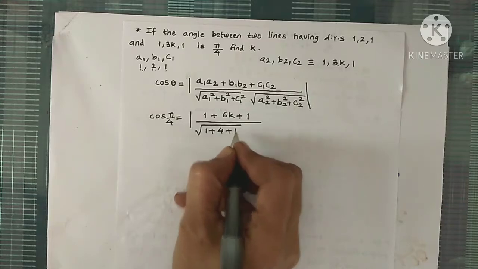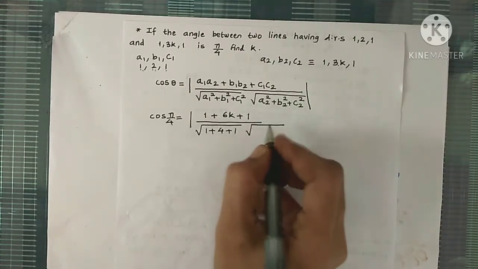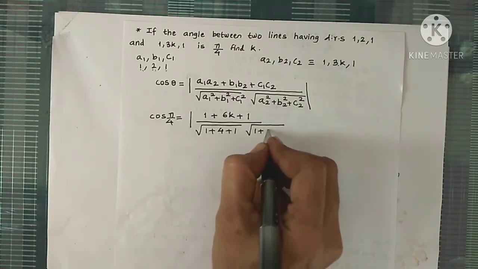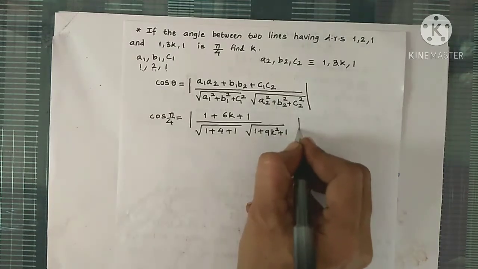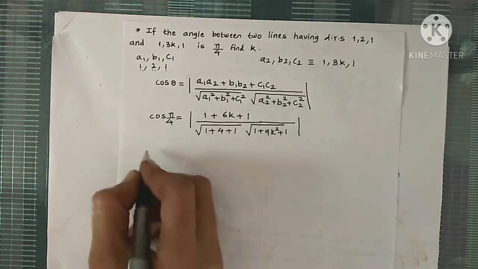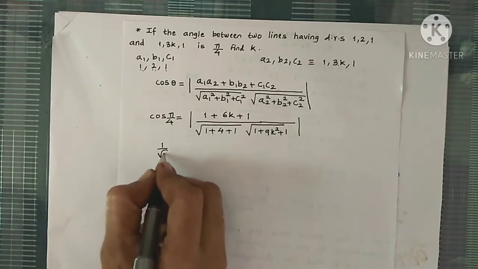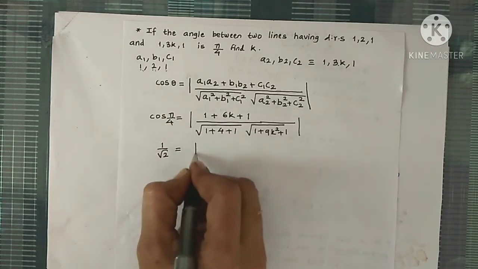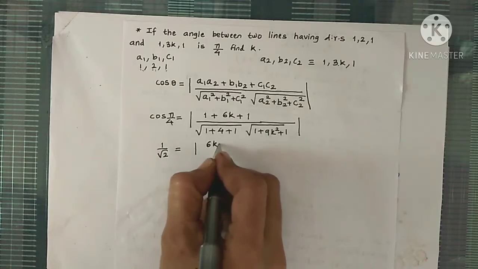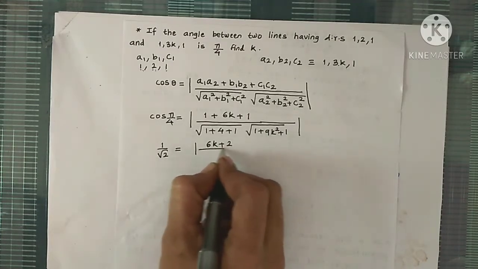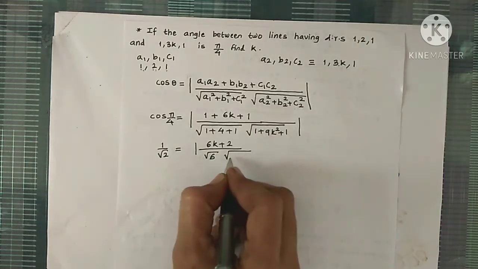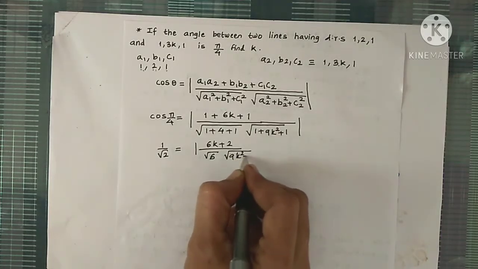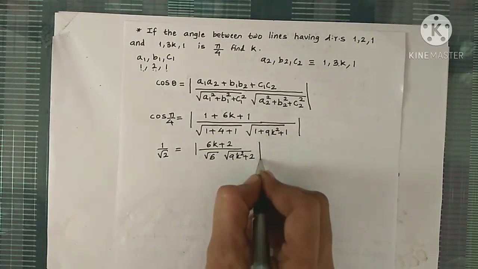For the second set, the sum of the squares is 1, then 3k square, that is 9k square, plus 1 square, that is 1. So cos of pi by 4, that is 1 by root 2, equals modulus of 6k plus 2, divided by root 6, and here we have root 9k square plus 2.